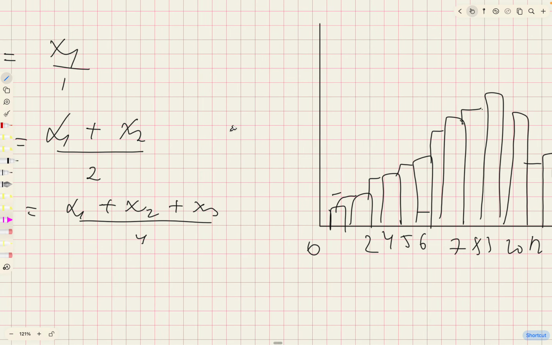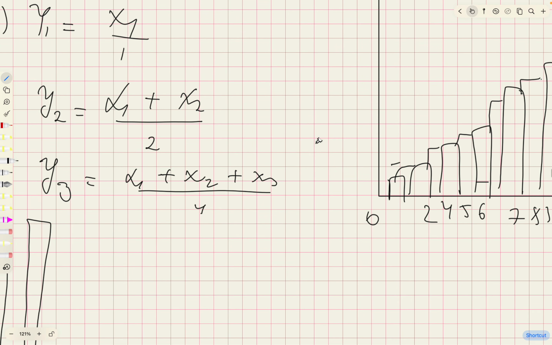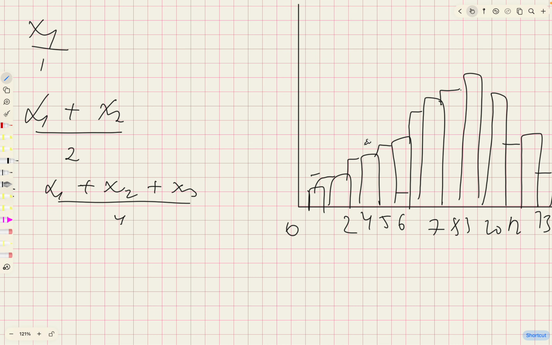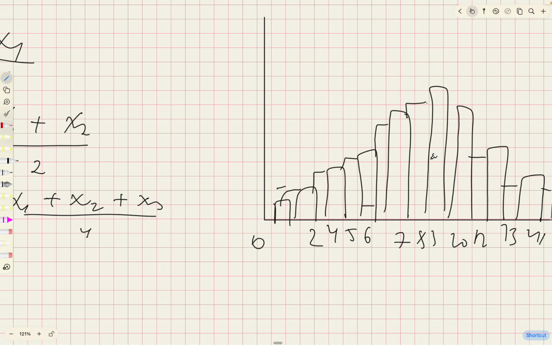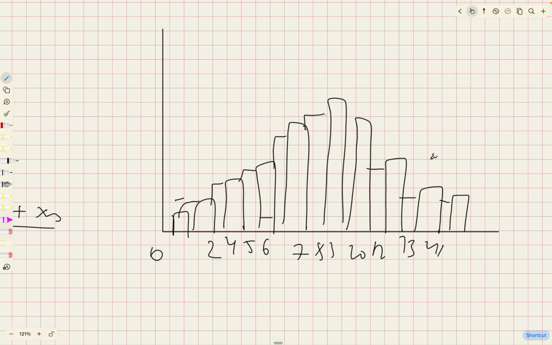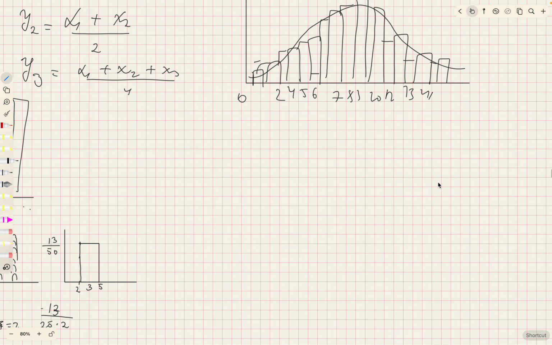Every time we bumped into 6, which was the average of two randomly drawn samples out of the population, we added it up, and we did it for all of the points, and it's more like bell shaped.